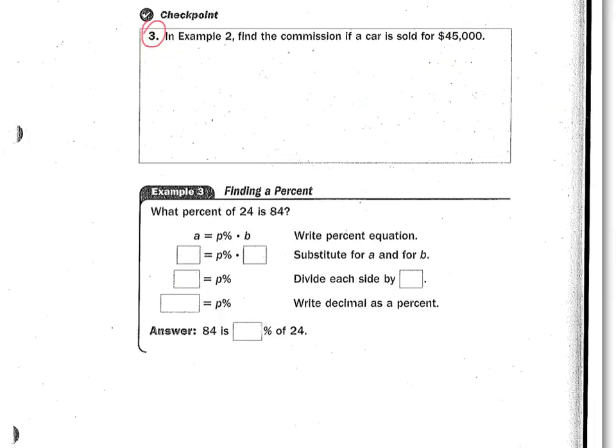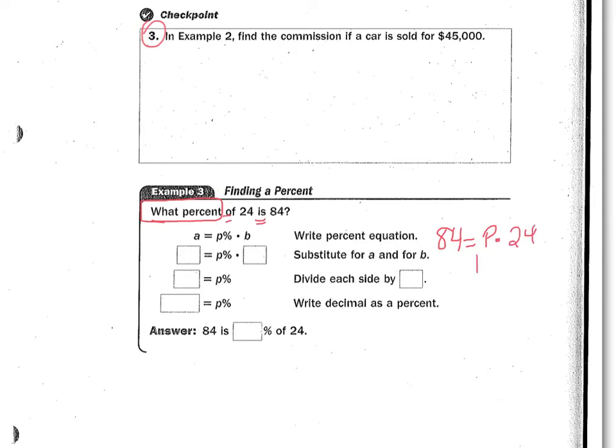Now it's changing up a little bit. It says, what percent of 24 is 84? I'm going to write this is over of. The percent is unknown. The only reason I don't like doing the percent equation on these problems is, I'll show you why. Is means equals, so we would write 84 equals, what percent? We don't know, I'm going to call it P. Of means times, so we multiply it by 24.